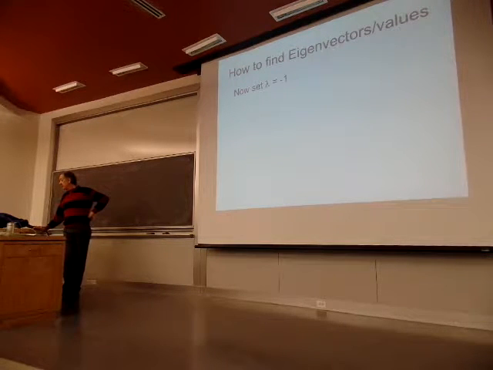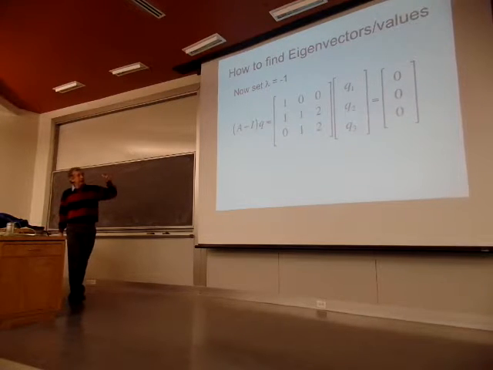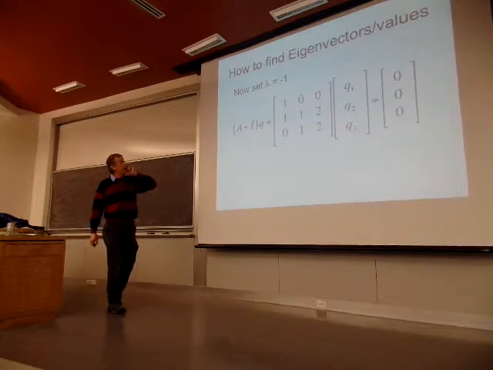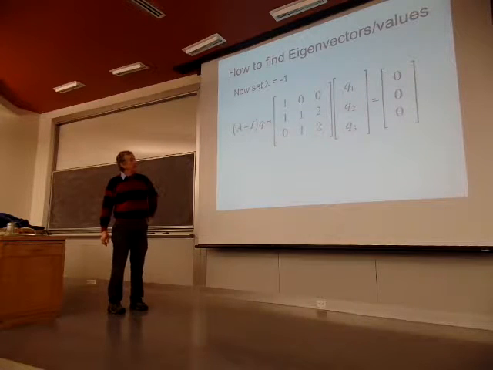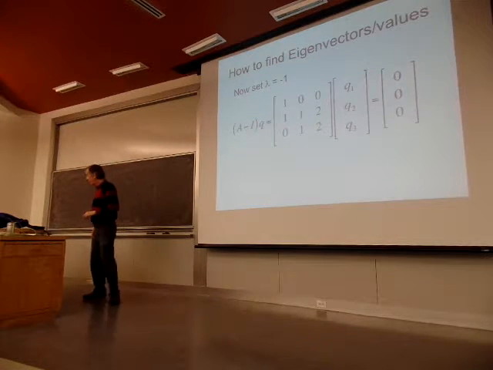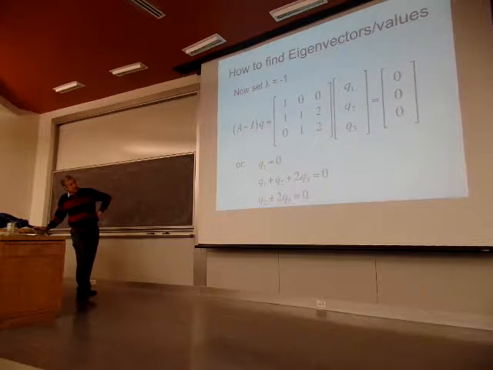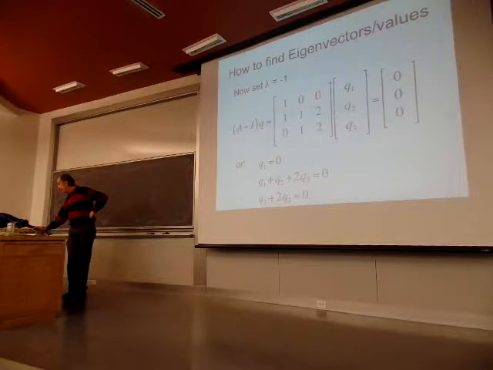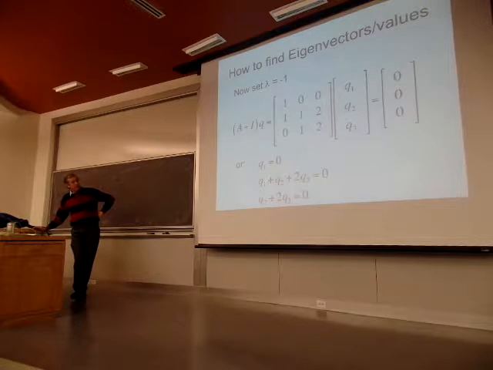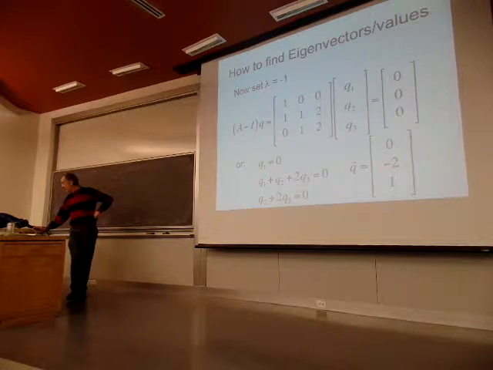Then you do it for lambda equals minus 1. Exactly the same process. Here's the A minus this I. Same thing, so we get linear equations, same problem, Q1, 0. In fact, this one's up to Q1, 0, and I can solve basically a set here, 0, minus 1, minus 2, 1.